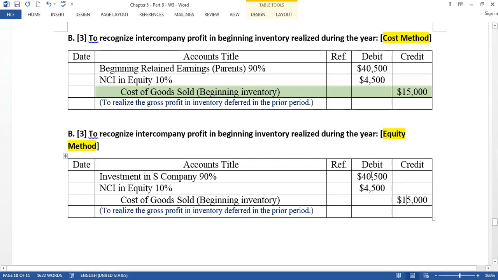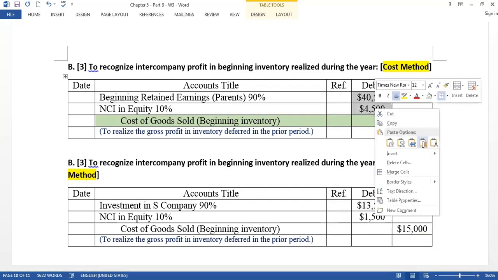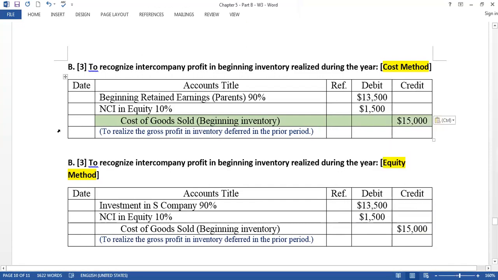Yes, so 13,500, right? 90%, yes. And this is the case. So this is 4.